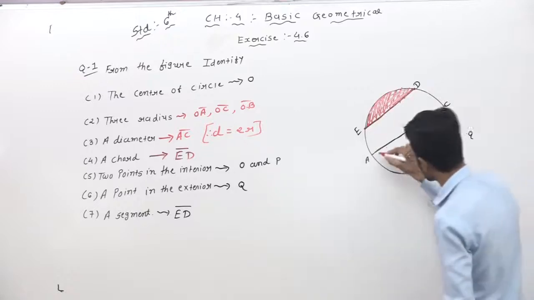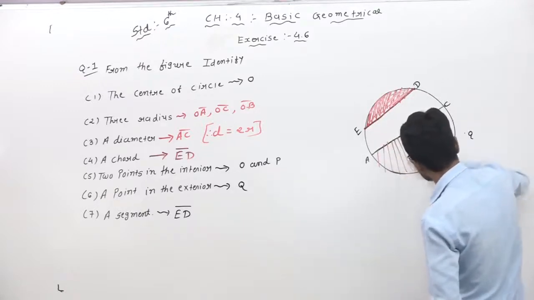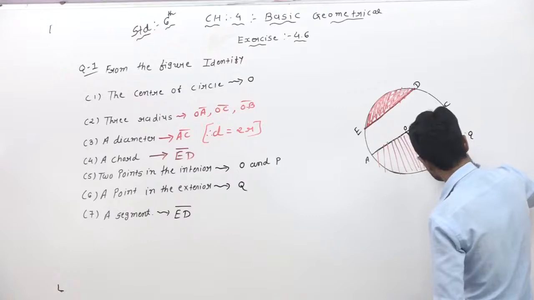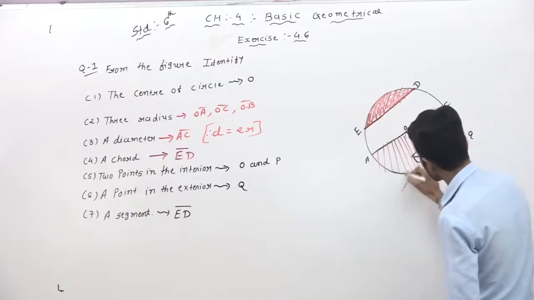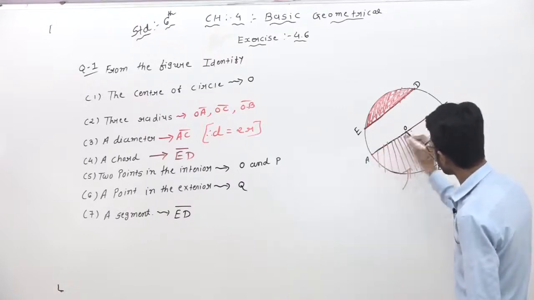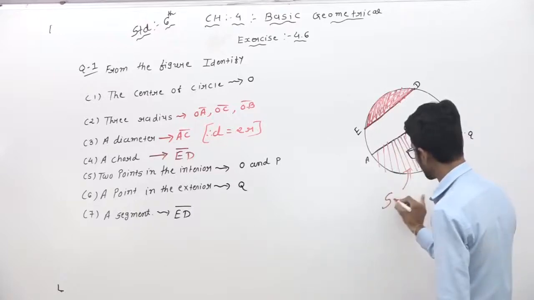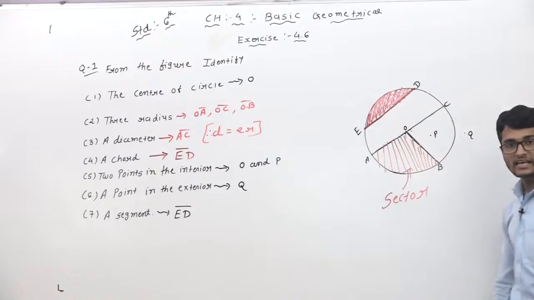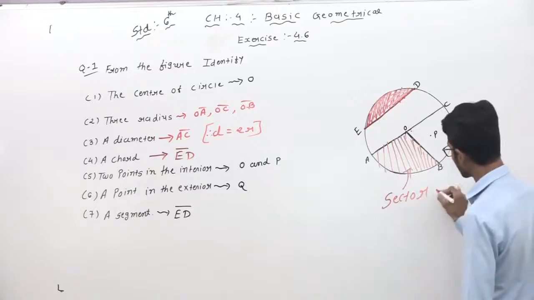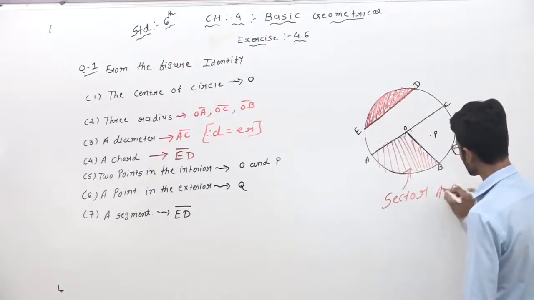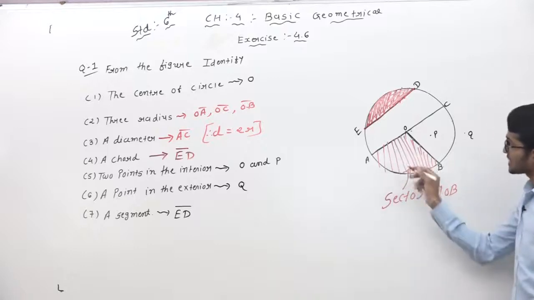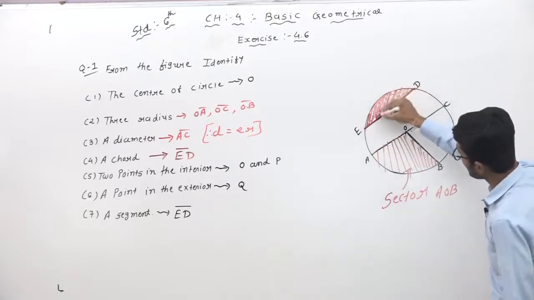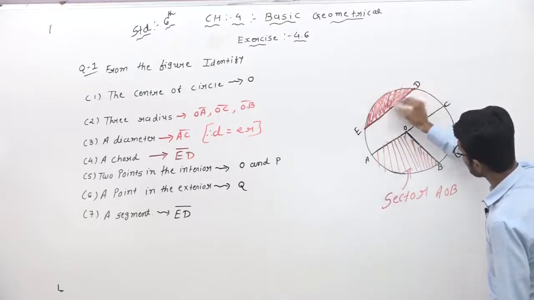Same here, suppose this one is AOB, it is called the sector. जो मैंने कवर अप किया है उसे हम लोग बोलेंगे सेक्टर, एंड सेक्टर इज मींस AOB. This one is the sector, and this one is the segment.